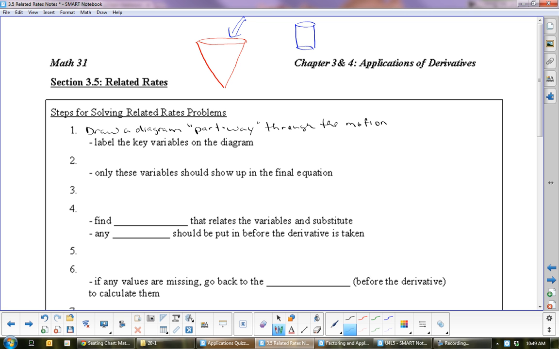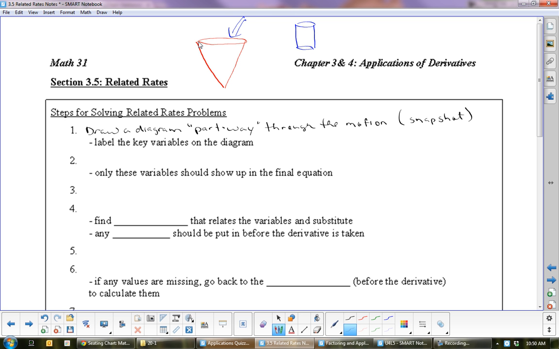This is sometimes called a snapshot. Then label all the key variables in the diagram. The more stuff that you can take out of that paragraph and put onto the diagram, the easier this stuff is to understand.